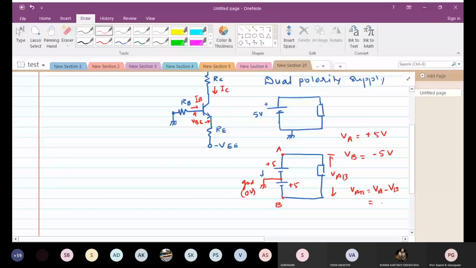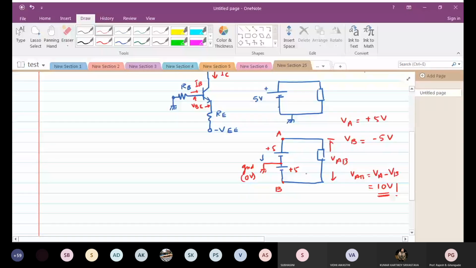Yes, this is very interesting. So this is how you get the split power supply. For that, you have to make the ground common. So the positive is connected to ground. Negative is actually whatever is the negative voltage.